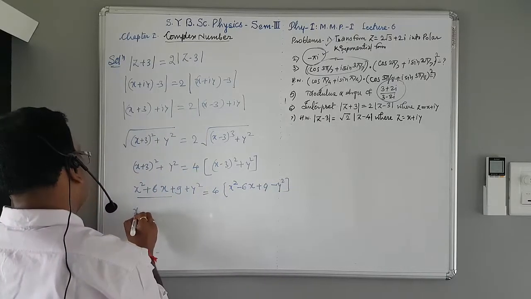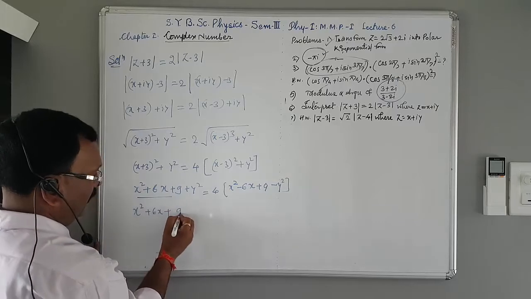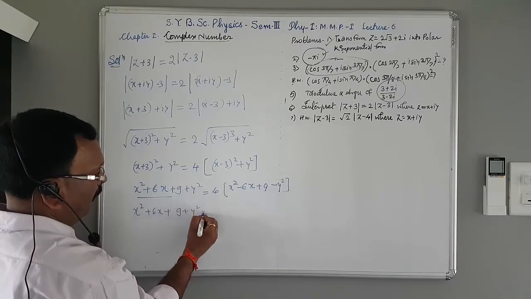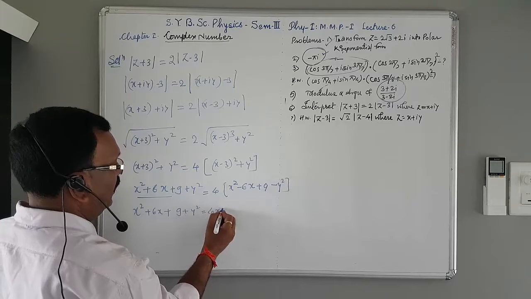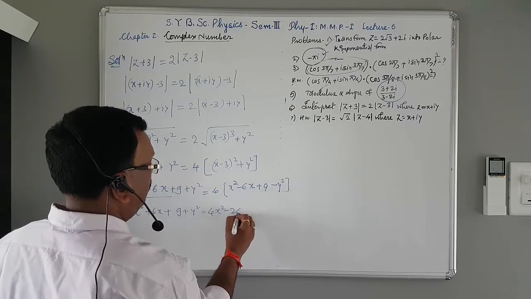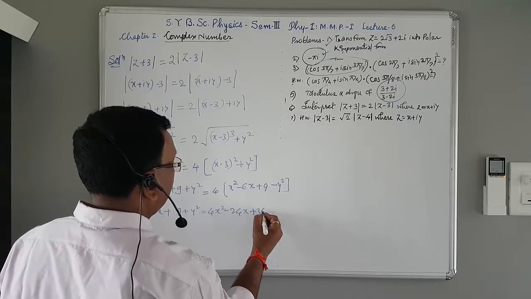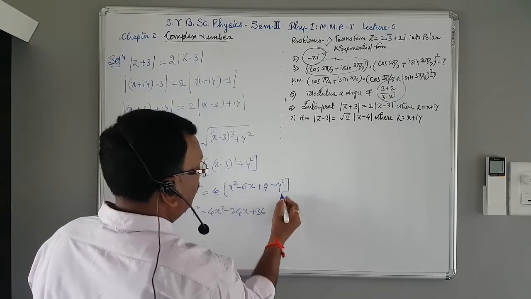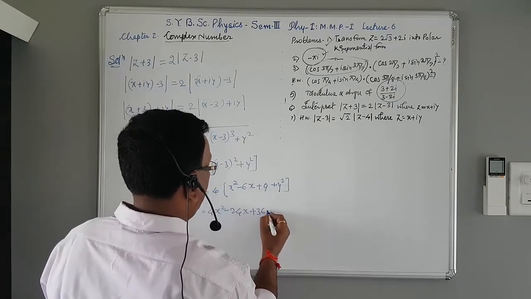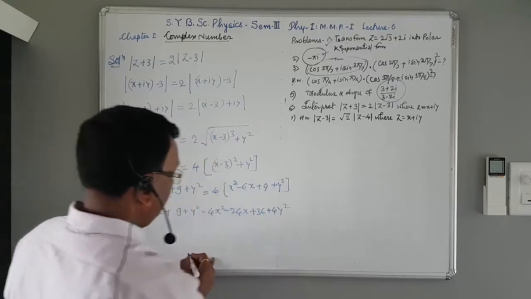Again solve this term, we have x square plus 6x plus 9 plus y square is equal to 4x square minus 24x plus 36, again 4 into plus y square, that is plus 4y square.